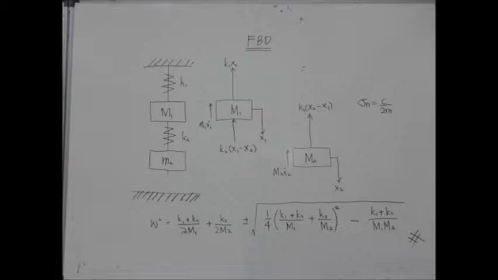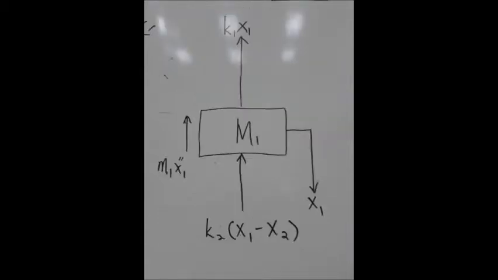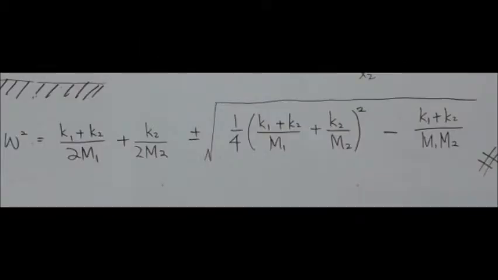The theory of our experiment is during free vibration, 2 degrees of freedom has two normal modes of vibration corresponding to natural frequency. This is our schematic diagram, and this is our free body diagram for M1 and M2. This is the formula that we use to find theoretical natural frequency.